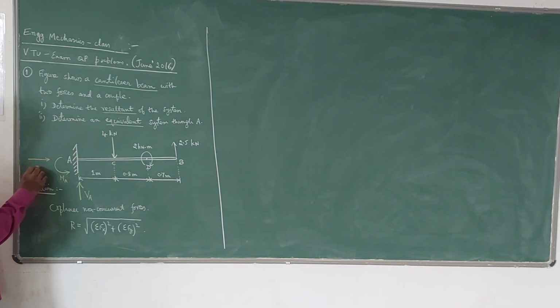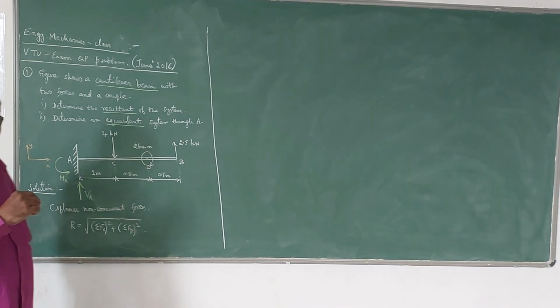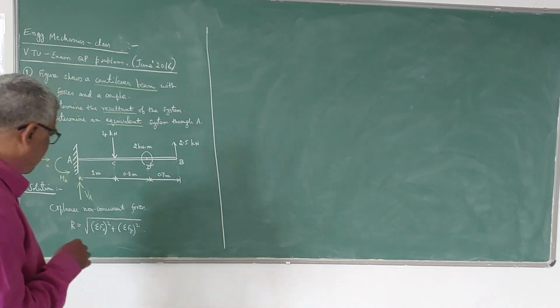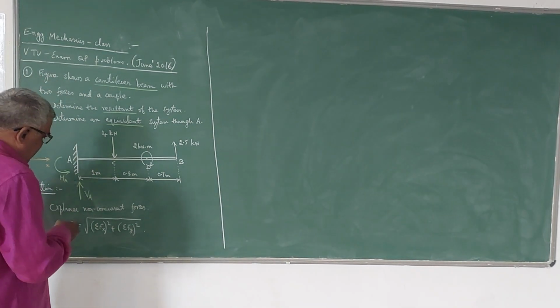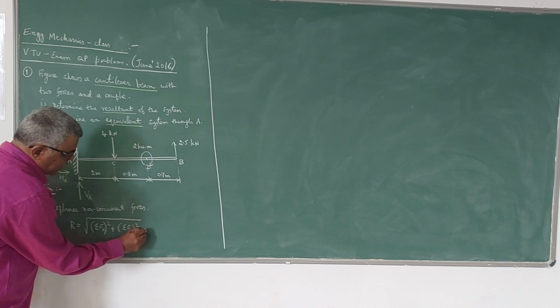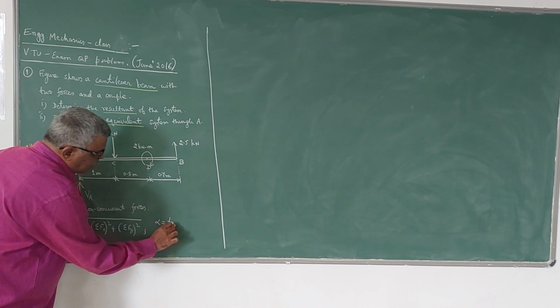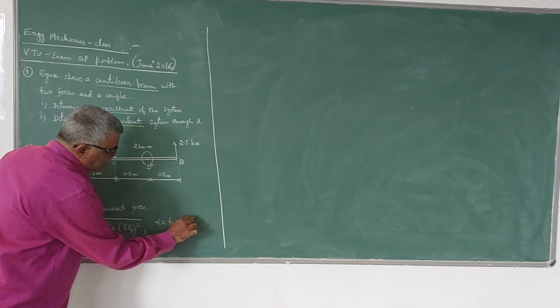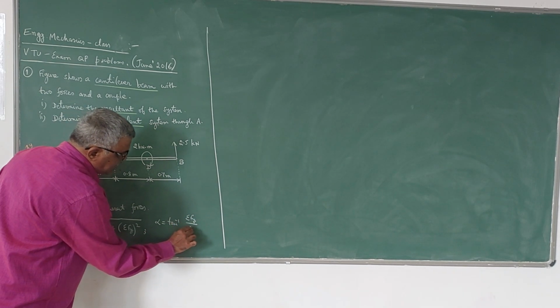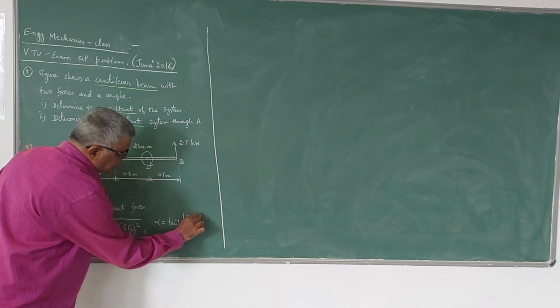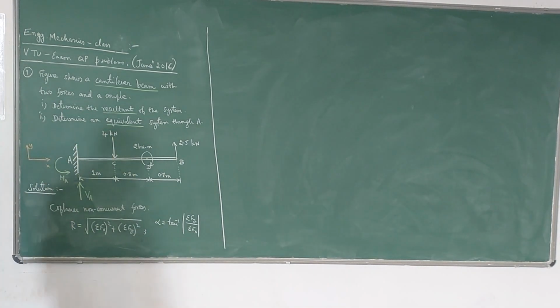I will take this as x direction and this as y direction. If the force is acting in the opposite direction, then it is taken as negative. This is the magnitude of the resultant. Direction of the resultant is given by alpha, that is tan inverse of modulus sigma Fy by sigma Fx.